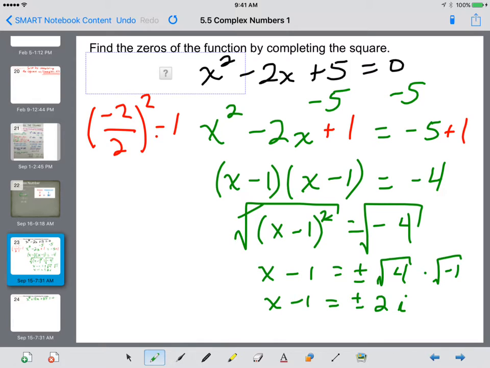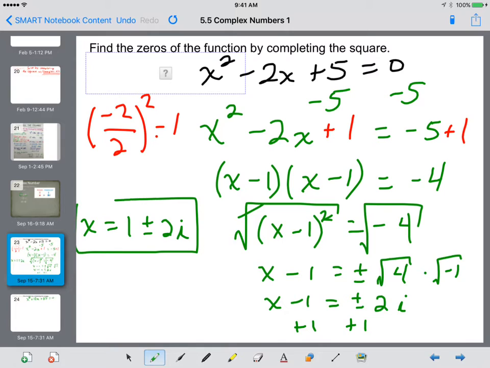We're not done yet. We're not out of the water yet. Our last step is to add 1 to both sides. I'm going to move up over here. So we're going to get x equals, because of our commutative property, I can put the positive 1 out front and separate it with plus or minus 2i. So there are 2 answers here.